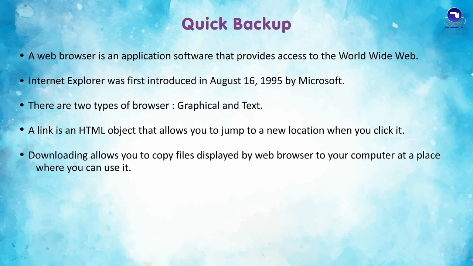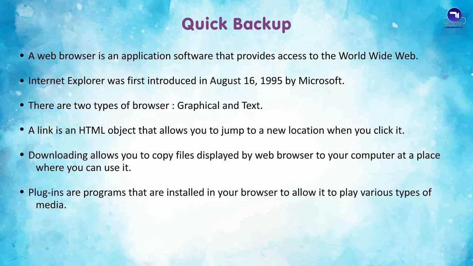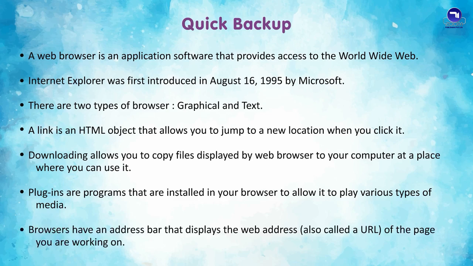Downloading allows you to copy files displayed by a web browser to your computer at a place where you can use them. Plugins are programs that are installed in your browser to allow it to play various types of media. Browsers have an address bar that displays the web address, also called a URL, of the page you are working on.